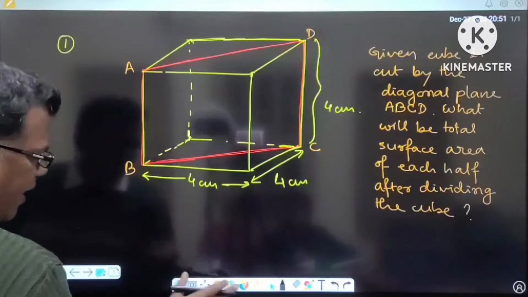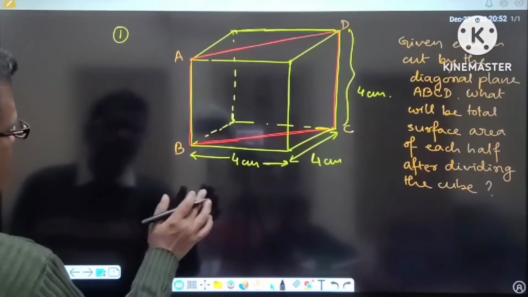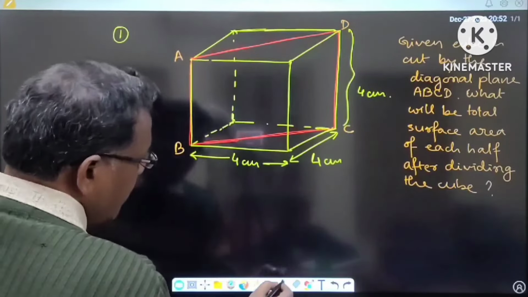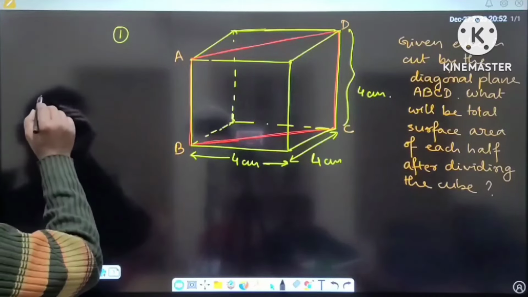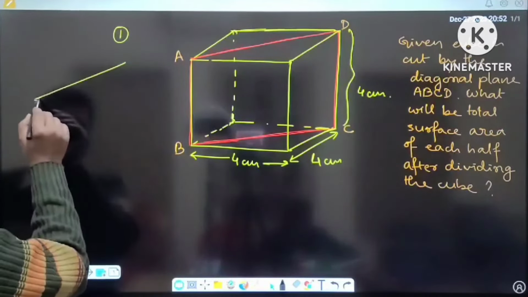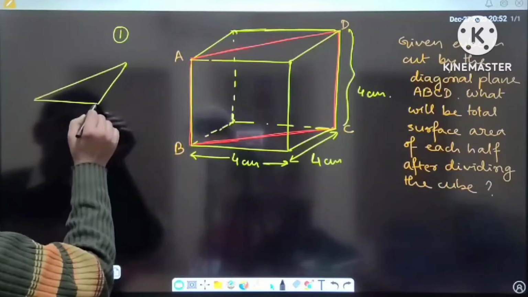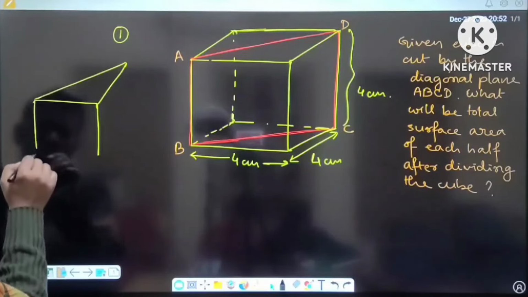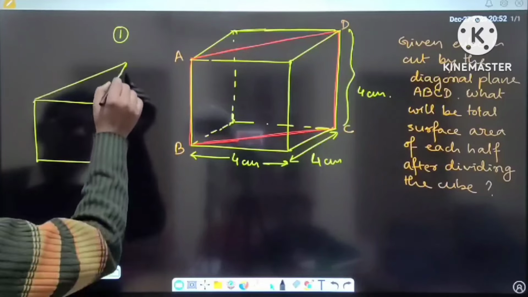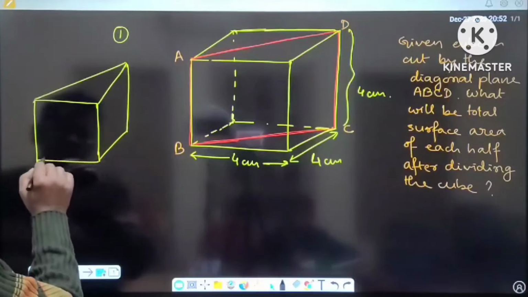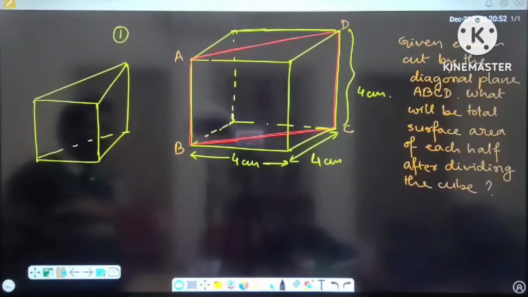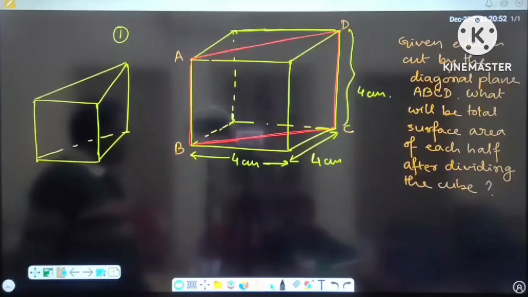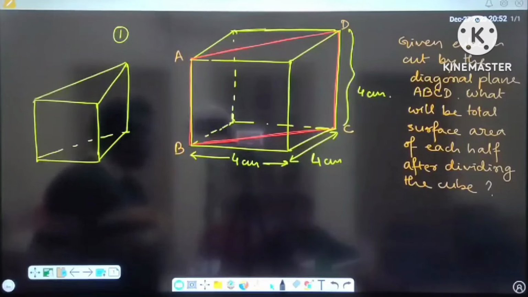No. See, if I redraw the diagram, each part found is this one, right? Yes or no? This is the one part of the cube after division.